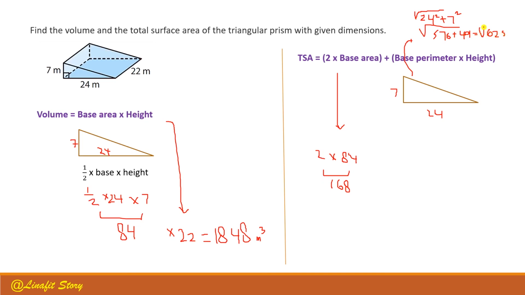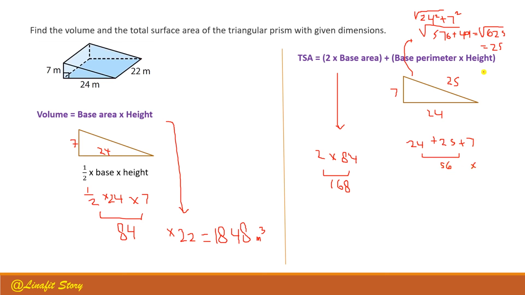The square root of 625 is equal to 25. So the base perimeter of this triangle is 24 plus 25 plus 7 is equal to 56.